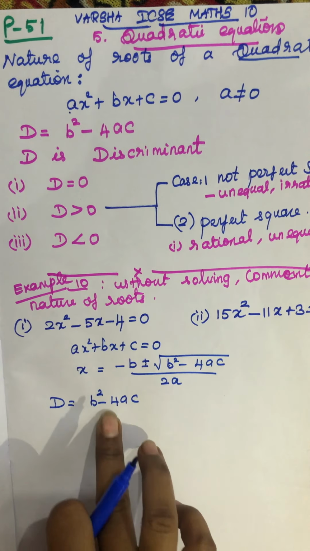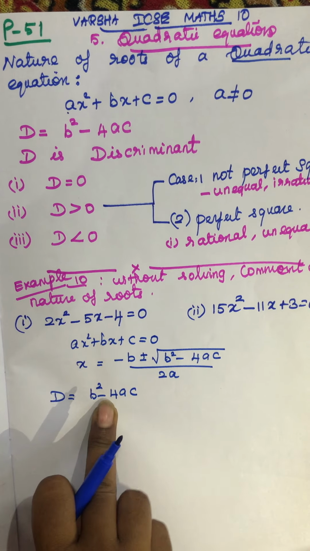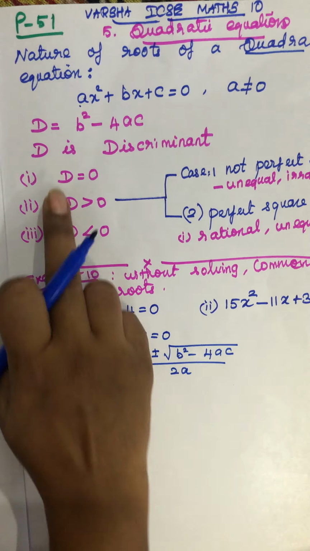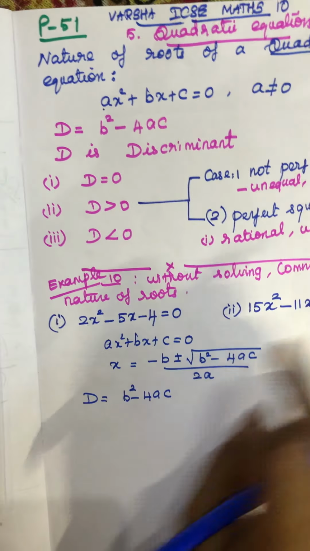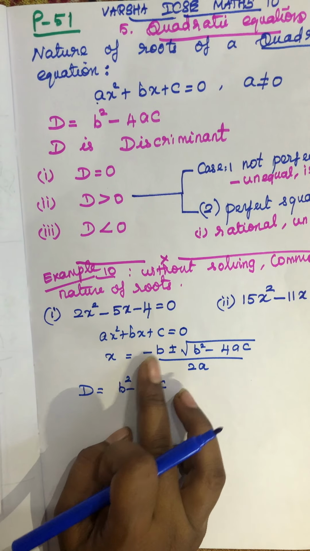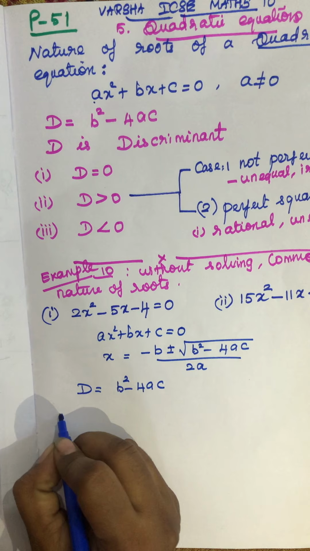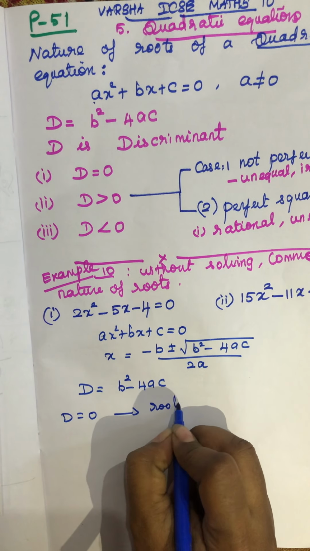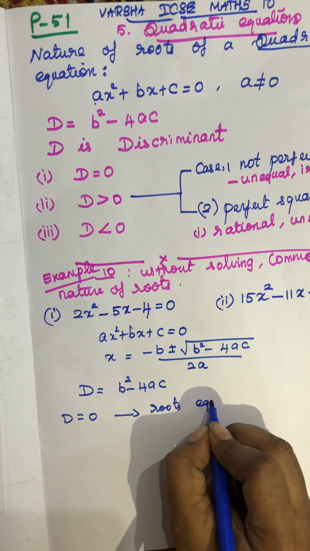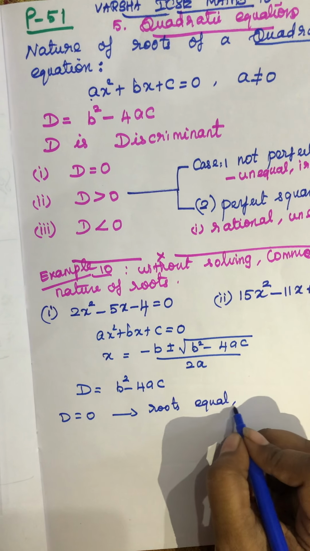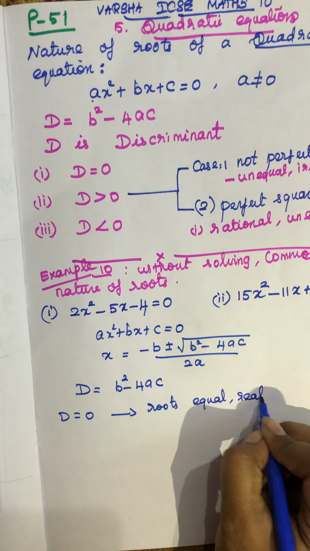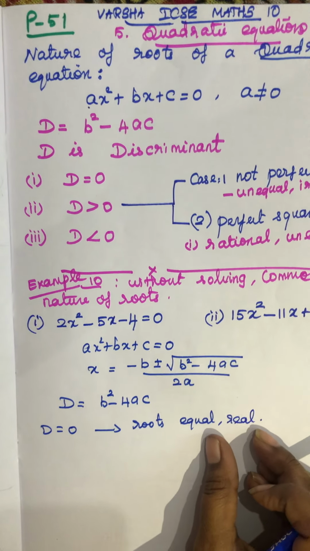So the number can be 0, positive or negative. If D is 0, the equation has 2 roots, and the 2 roots will be equal. So equal roots, and real roots, meaning real numbers.